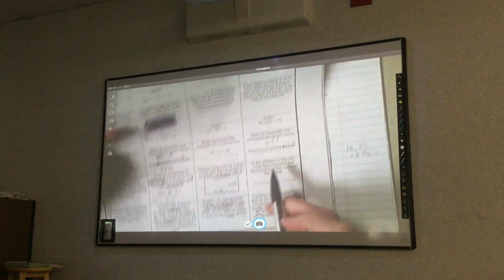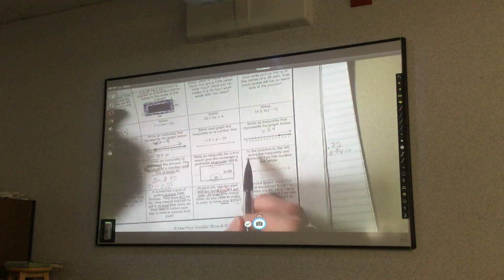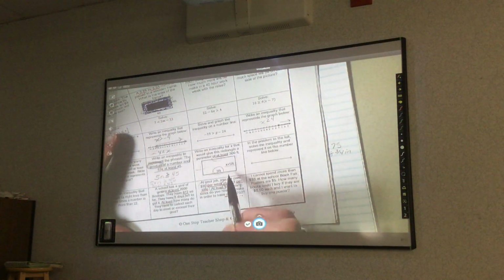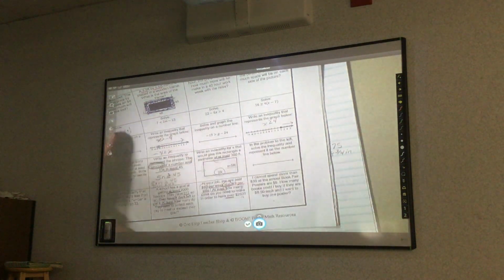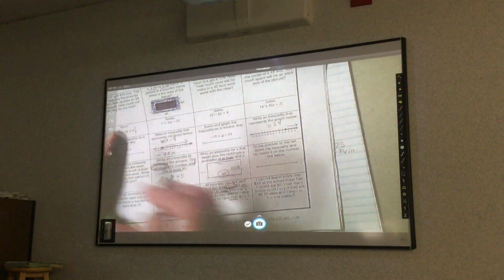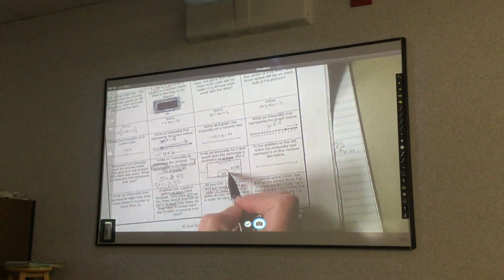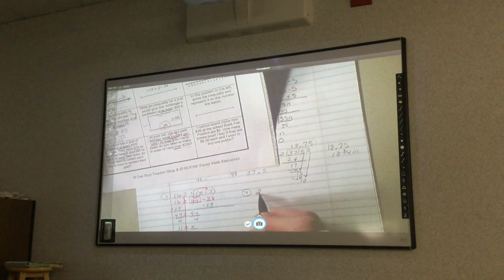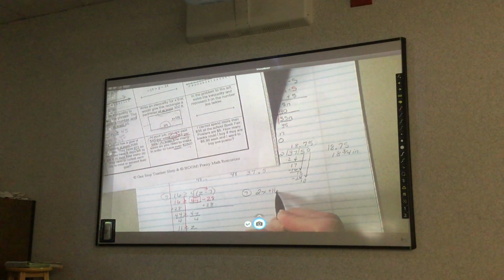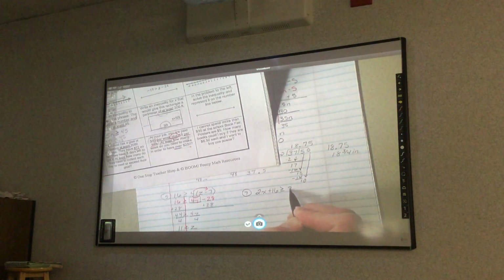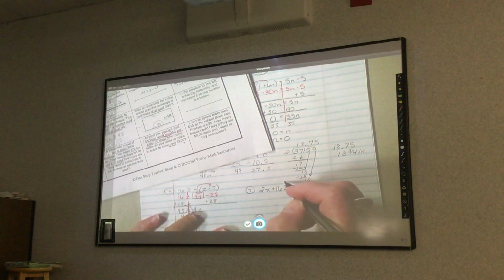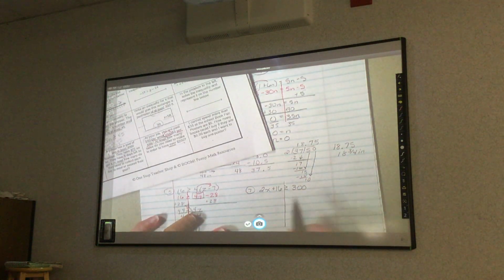In the problem to the left, solve the inequality and represent it on the number line below. So we found, and I saw some of you going back to yesterday's assignment for number 7, it was 2x plus 16 is greater than or equal to 300. That's what we left it at yesterday. Now we have to solve it, because yesterday we didn't have to. So I draw my line.